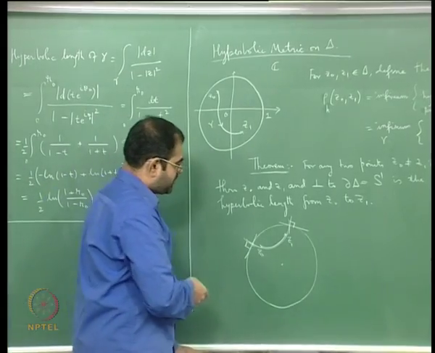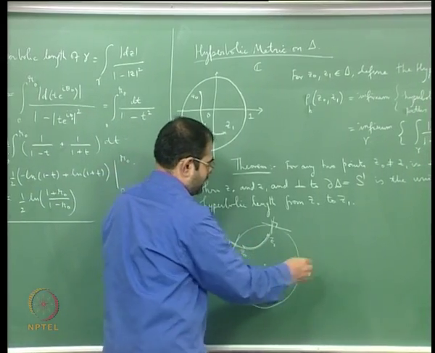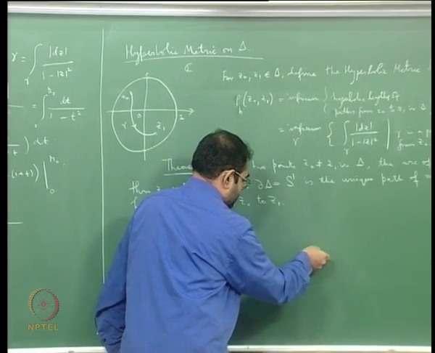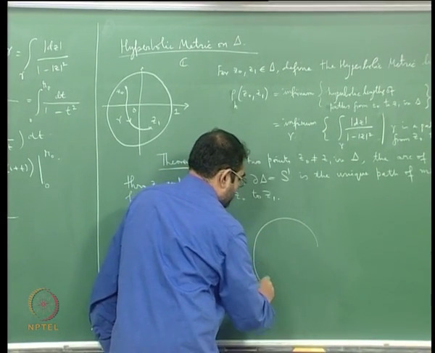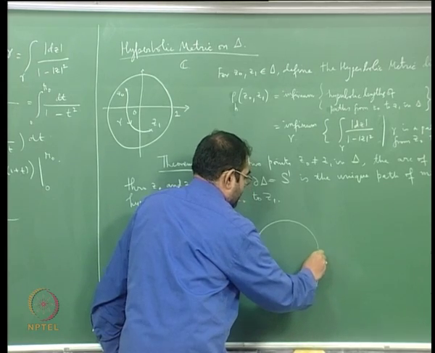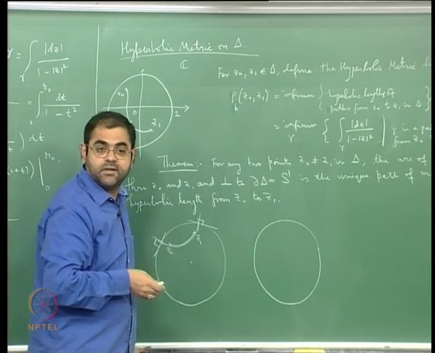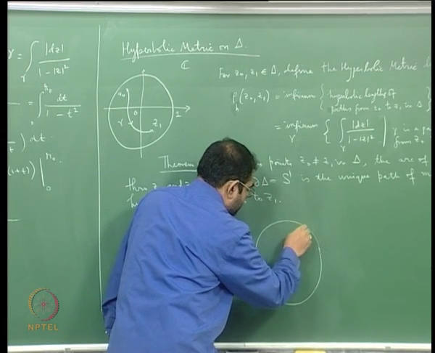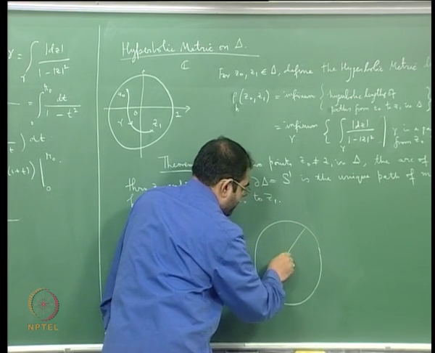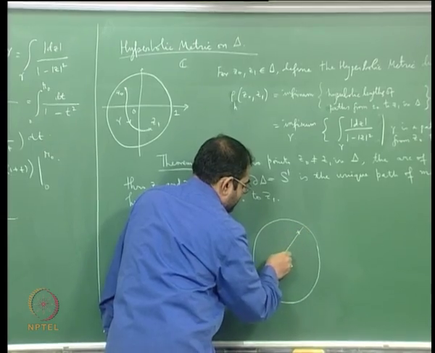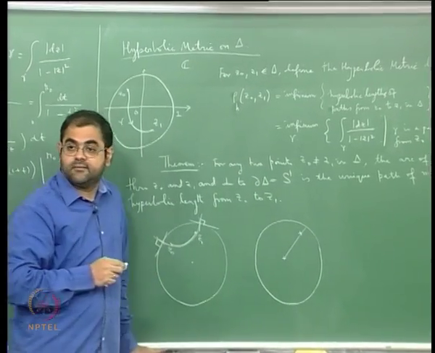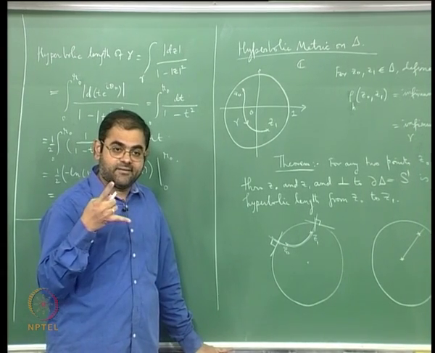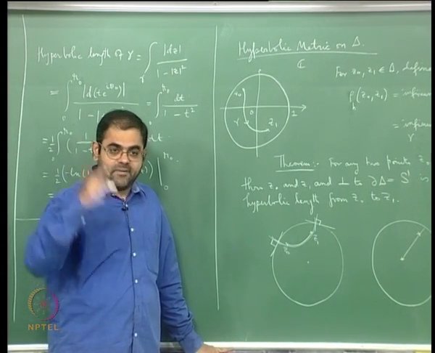And the beautiful thing is that if you draw all these hyperbolic paths of minimal hyperbolic length, which are called geodesics, you will get things like this. If you take 2 points along a diameter, then the geodesic will be the diameter itself.